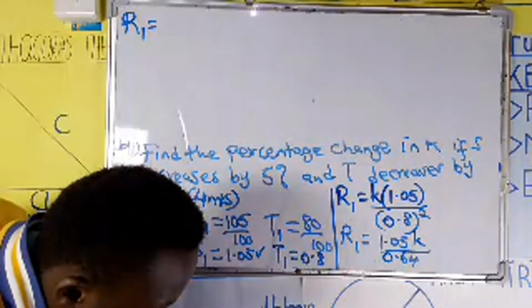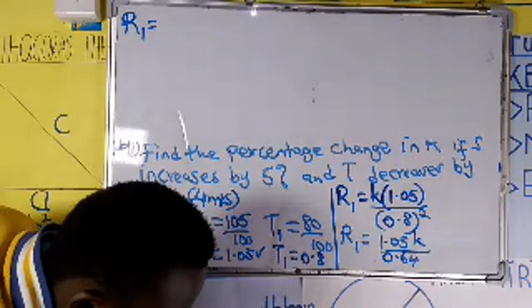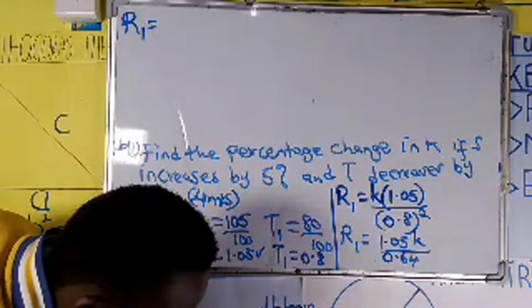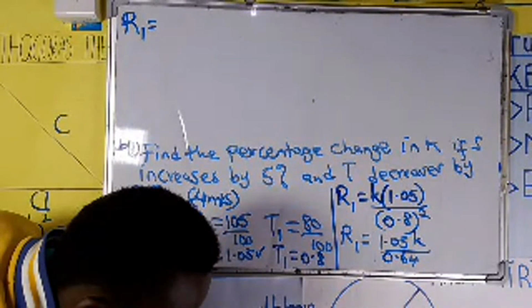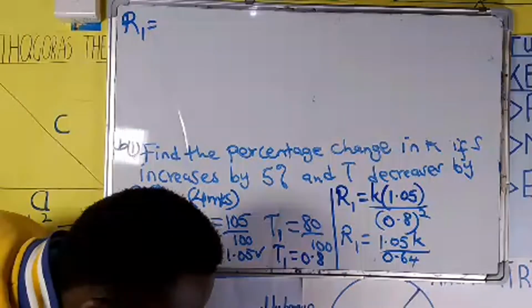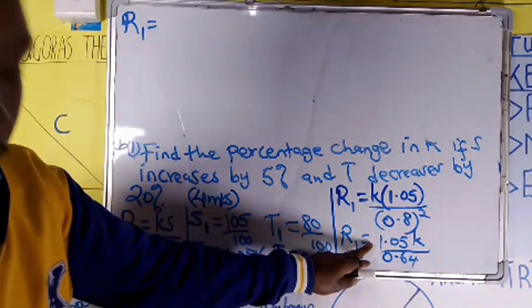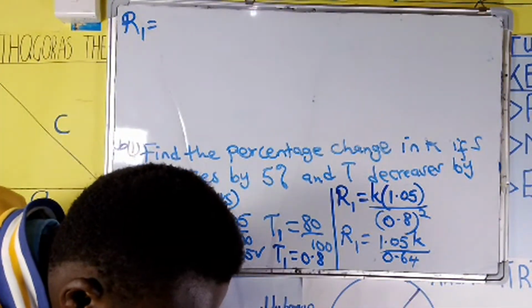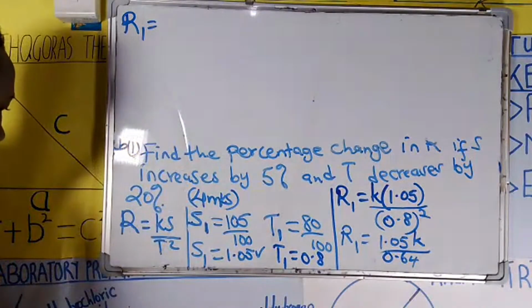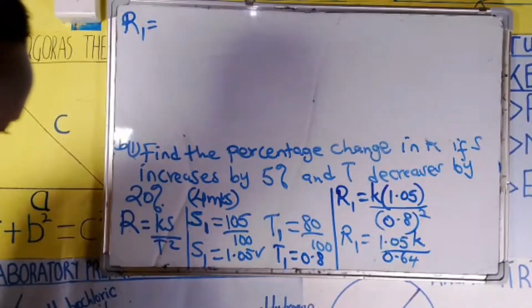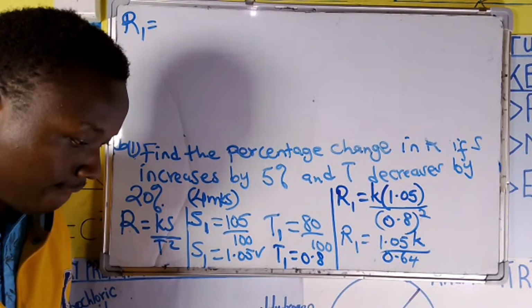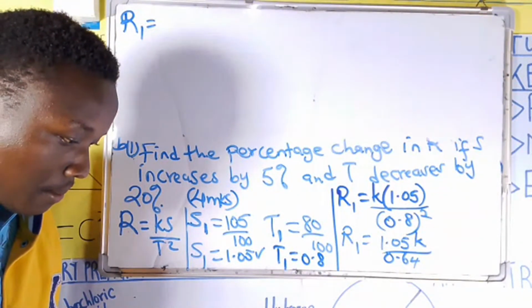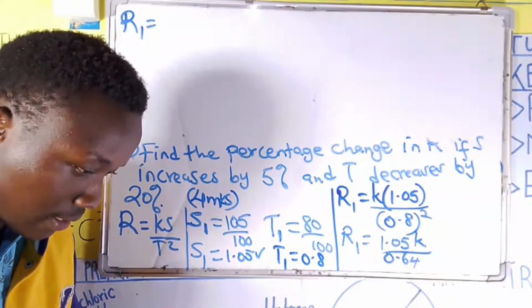Please do this for me. 1.05 over 0.64, what is it going to give us?